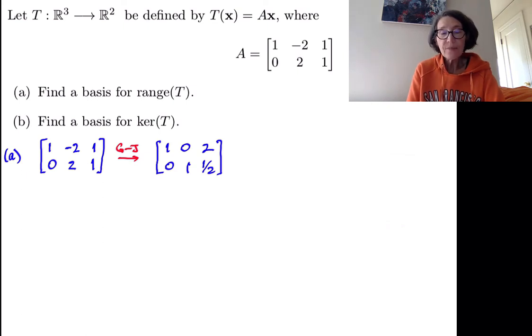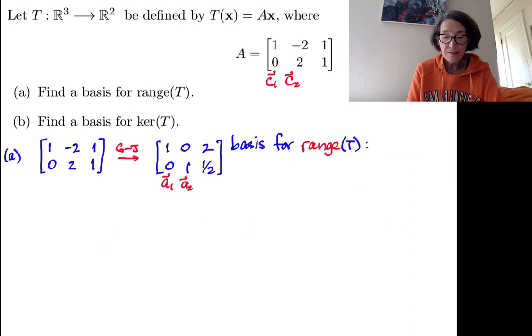And we can see that the first two columns of this matrix are linearly independent. That means that the first two columns of A, C1 and C2, form a basis for the column space of A. And so that means that a basis for the range of T is the set consisting of the first two columns of A. Notice now that we have a set containing two vectors in a two-dimensional vector space, right?